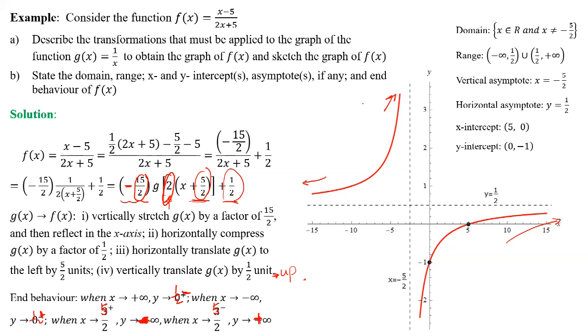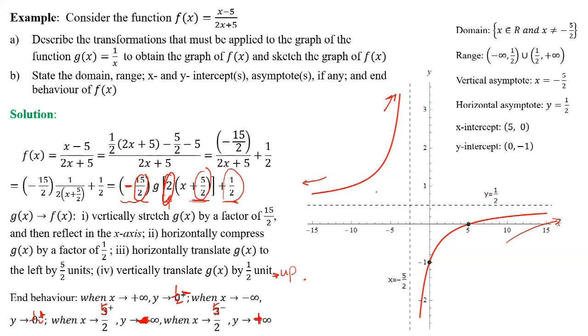All right, let's look at the domain. Domain is x belongs to the real number set, but x cannot be -5/2, which would make the denominator 0, right? Range is any number except 1/2. Vertical asymptote is x equals -5/2.